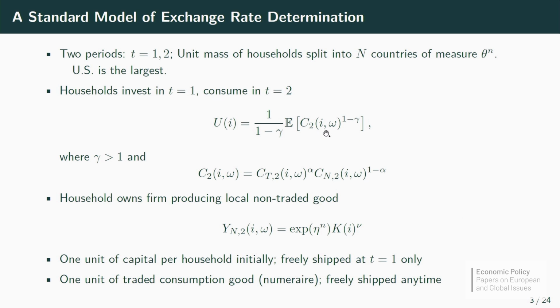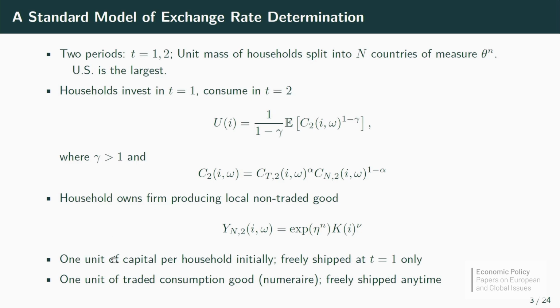They consume a consumption bundle C, which is a basket of traded and non-traded goods. How do the traded and non-traded goods come into play? Households own firms that produce the non-traded good. It's an AK production function, with a productivity shock A and some installed capital.